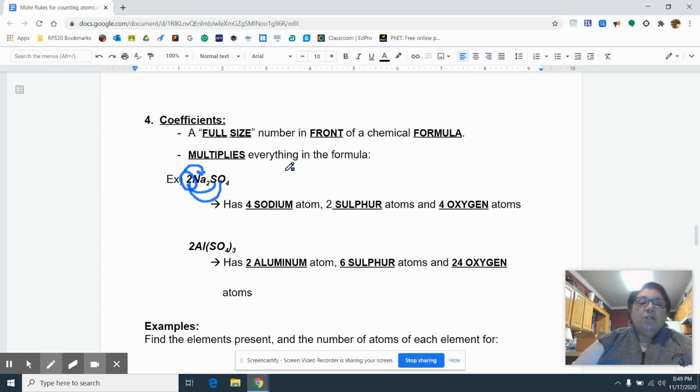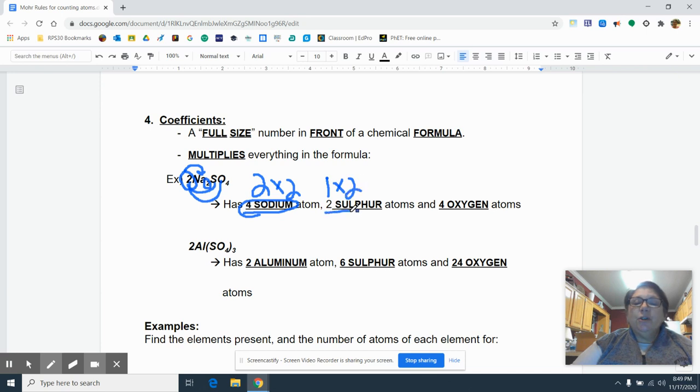So 2Na. Well, we also have a subscript here. So how many sodium do you have to start with? 2 times 2. So you're going to have 4 sodium. You have the sulfur, there's only 1. So 1 times 2.